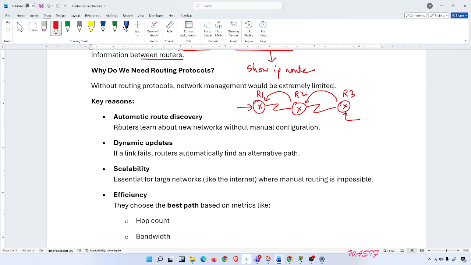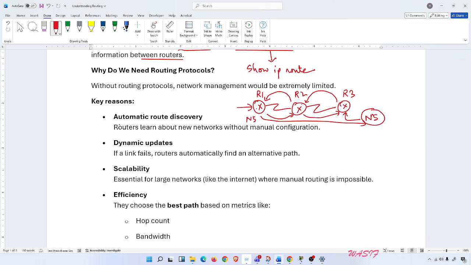So R1 knows that he can reach, let's say, network 5 through R2. He will send the packet to R2, and R2 will send the packet to R3. They automatically discover that they can reach somewhere. That means this network N5 would be in the routing table of R1.